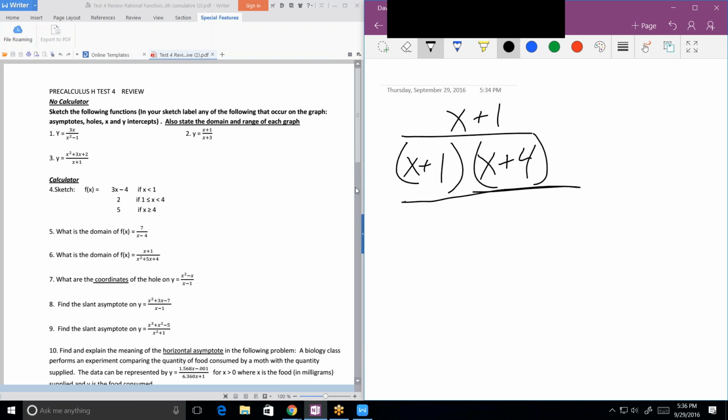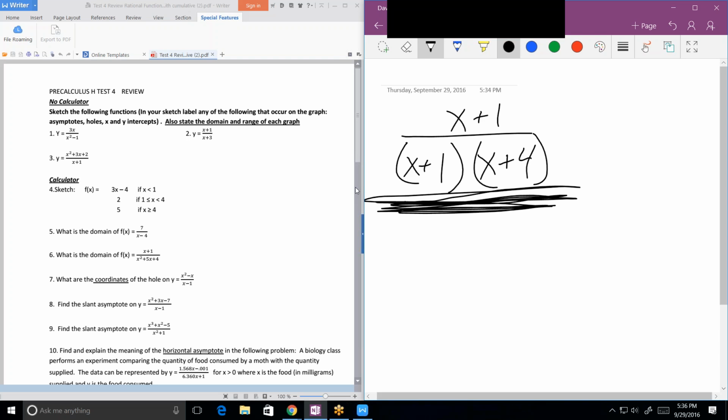No, the denominator is the only thing that matters for domain in this case. Oh, -1 and -4 then. Yeah. And the fact that this creates a hole doesn't really affect the domain. In other words, this numerator might be x plus 2, and I would still have the same domain, all reals except -1 and -4.